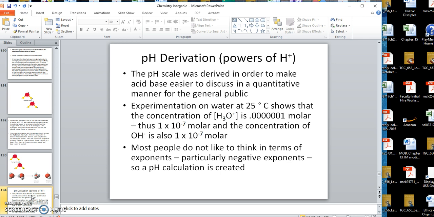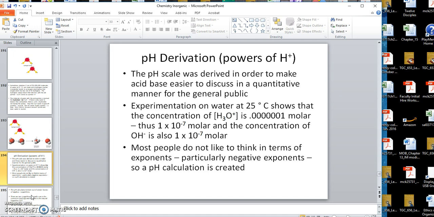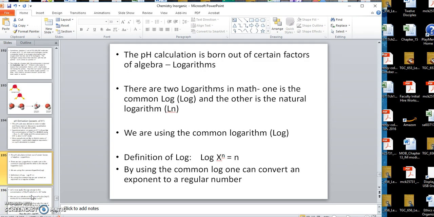In order to understand acid-base, we use something called the pH, which came from the powers of hydrogen. I won't get very heavy into the calculation, but the pH basically is a measurement of acid-base balance. And again, you can glance at that. Okay, we'll go further.